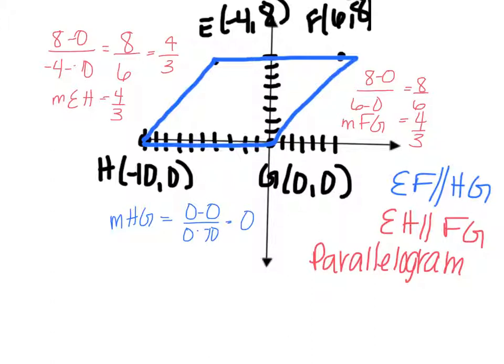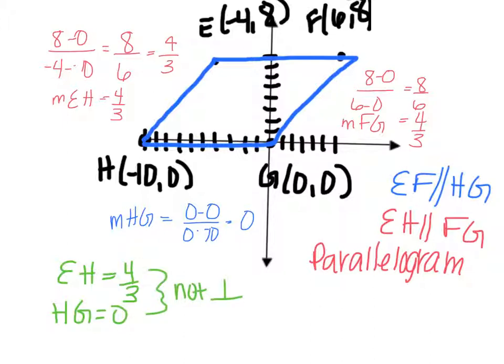Remember, if two lines are perpendicular, their slopes are going to be opposite reciprocals. But since EH equals 4/3, and the line that it intersects with is HG, and that equals 0, these two are not perpendicular because they're not opposite reciprocals. So this parallelogram is not a rectangle.